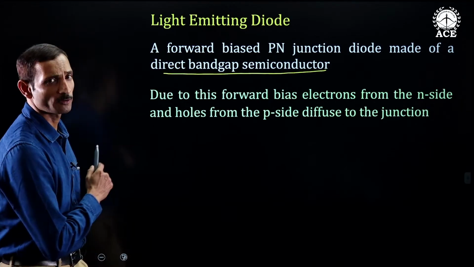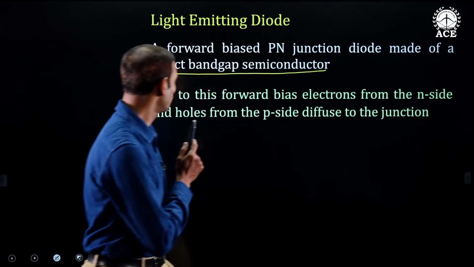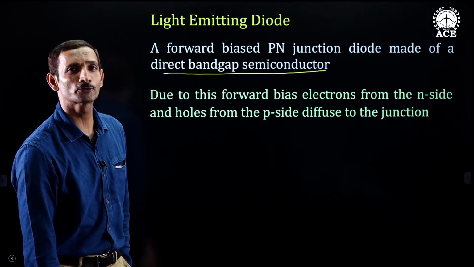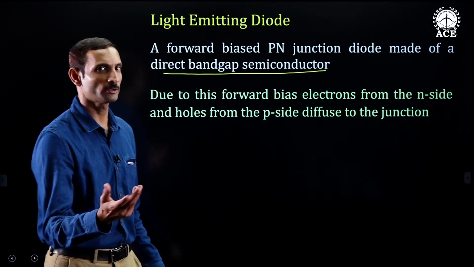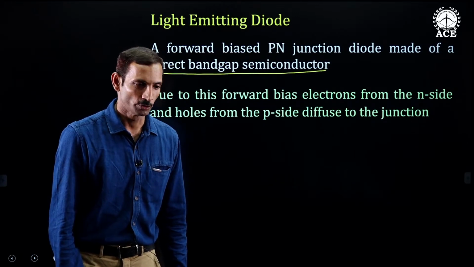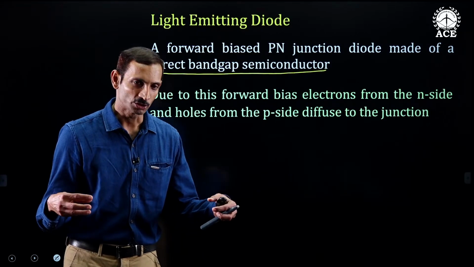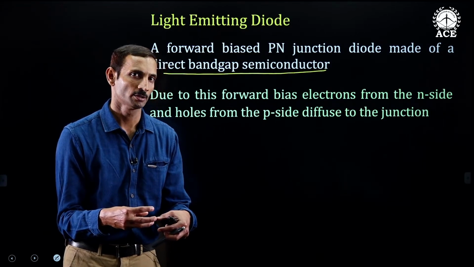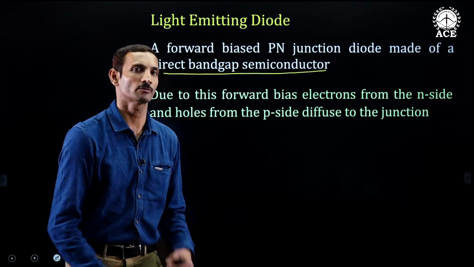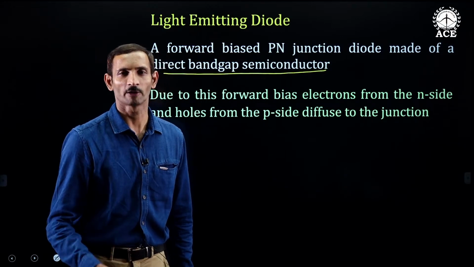Now, due to this forward bias, electrons from the N side and holes from the P side are going to diffuse to the junction. We have discussed forward bias and reverse bias when we discussed the PN junction diode. We know that during forward bias, because of the repulsion, the charge carriers would move towards the junction and cross over the junction, resulting in the net conductivity of the material.